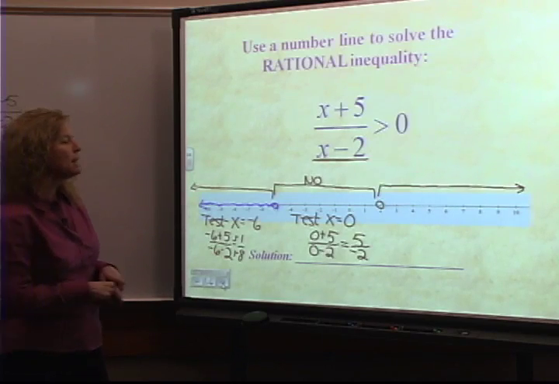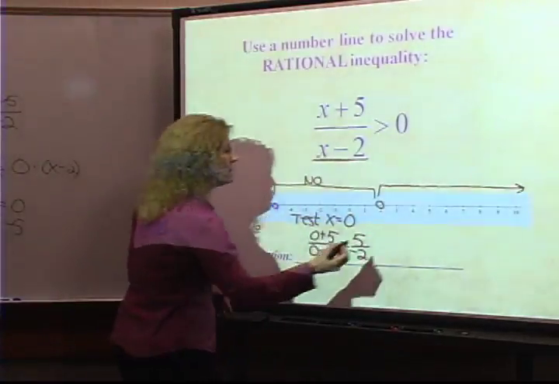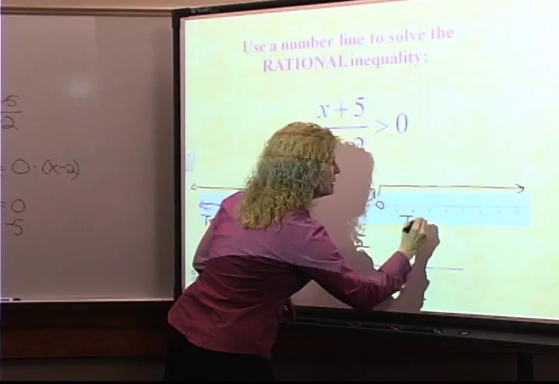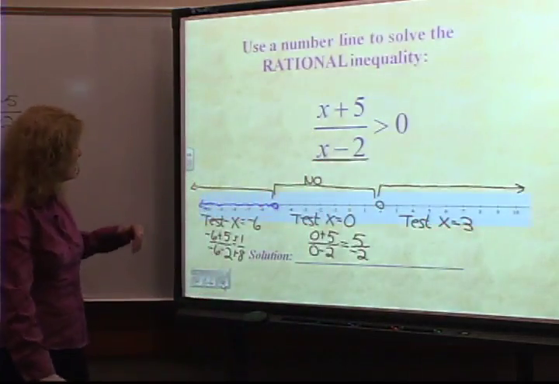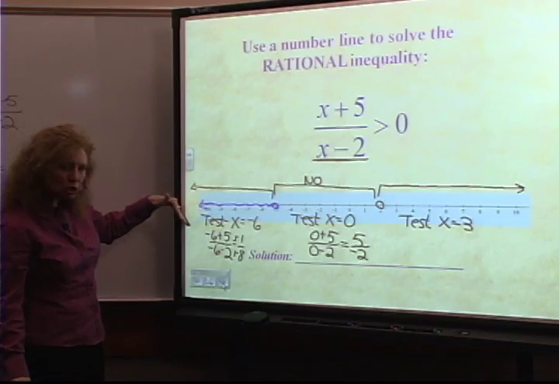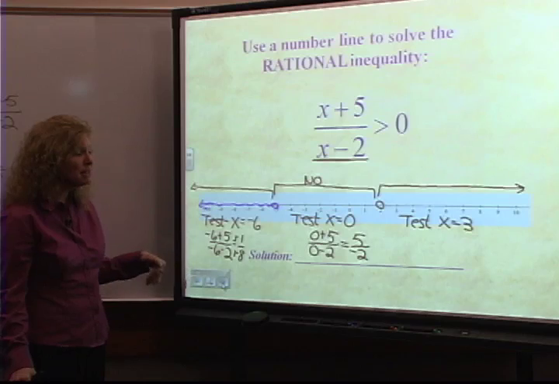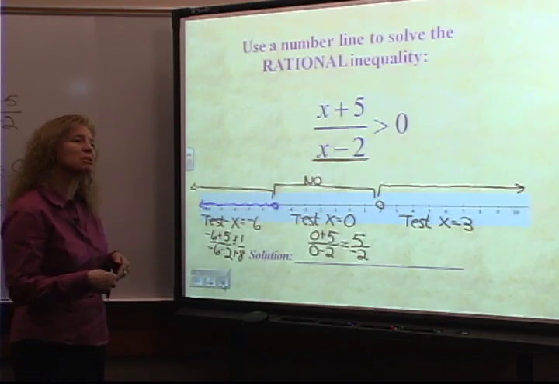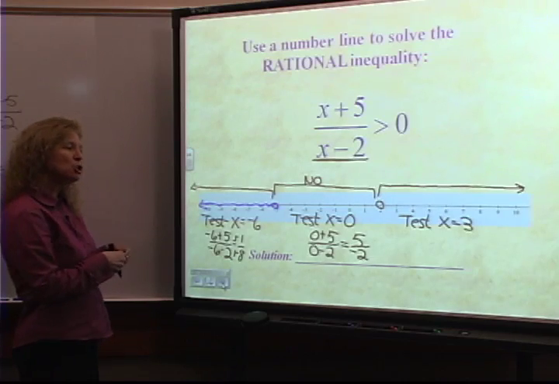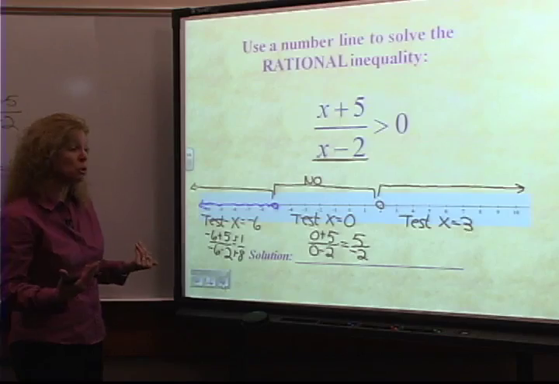Okay? Well, let's take something bigger than 2. No reason to go crazy. We'll test x equals 3. Hey, by the way, do you notice that I'm showing you very clearly what it is that I'm doing each of these times? And that's a good thing as you turn in homework assignments or as you take a test, that you clarify to the reader what it is that you are doing.